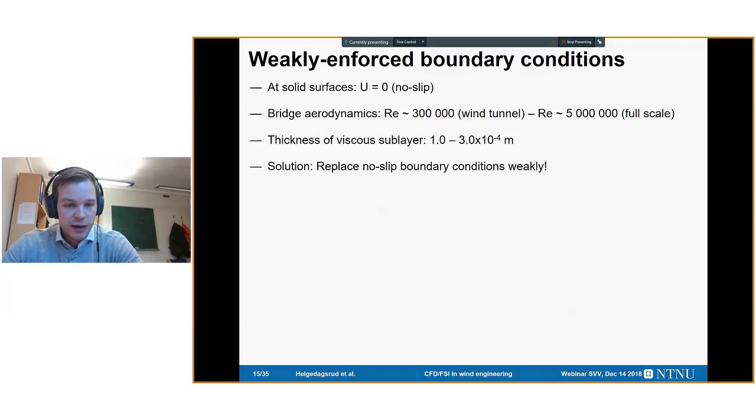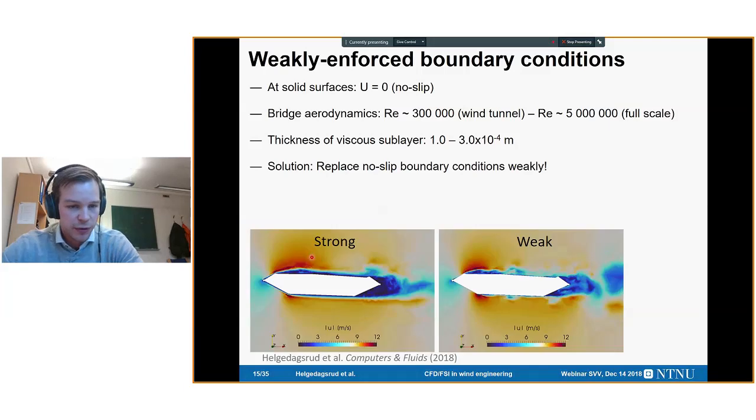Just to show you an example, this is from our first paper, and it compares strong and weak boundary conditions for a very crude mesh. We can see that with the strong, it seems like the bridge is flowing in syrup. We have thick boundary layers, and it's obviously non-physical.